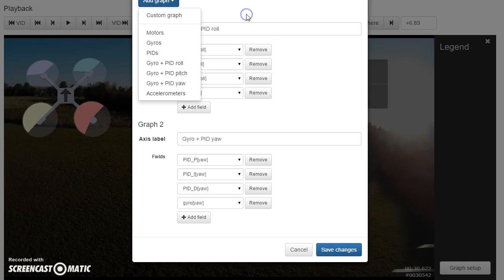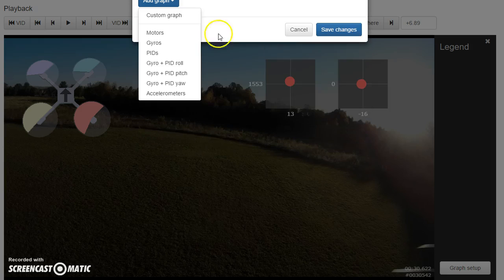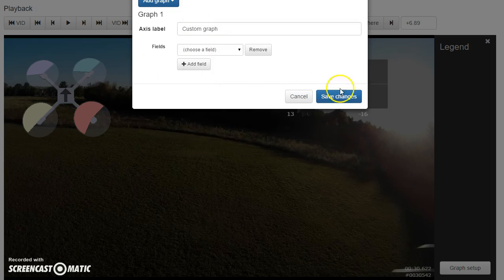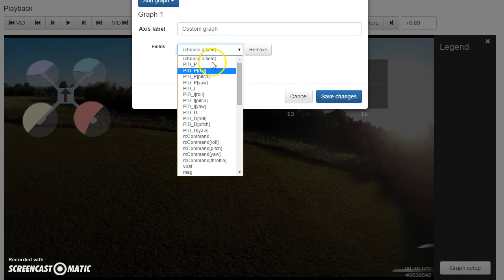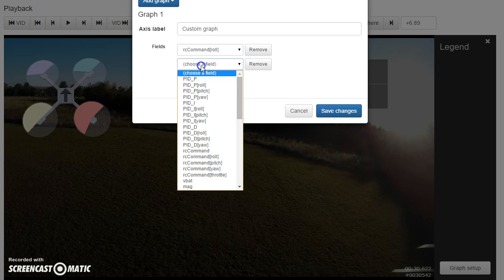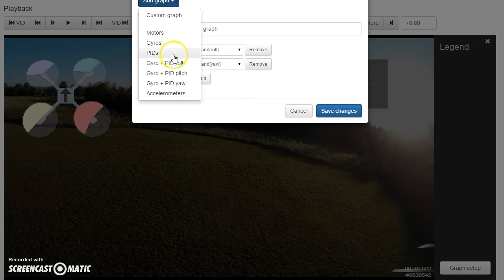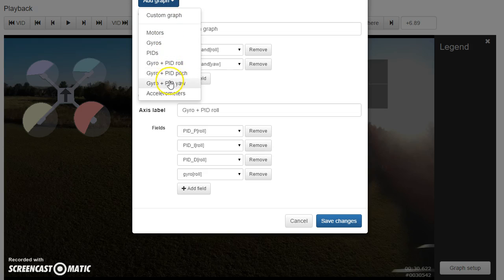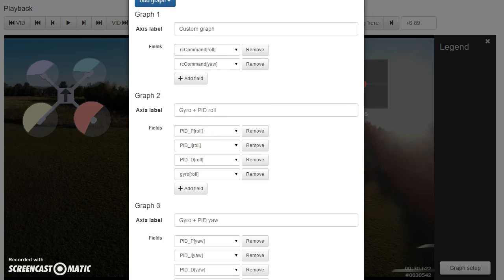And actually, I would like to put RC command on top. The top trace is always covered up by the little quad graphic and by the sticks overlay, so I always try and put something up on the top that isn't quite as important. We'll just do roll and yaw, and then we'll add roll and yaw PIDs as well.